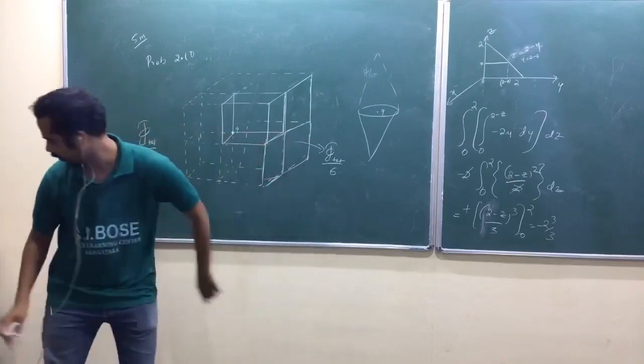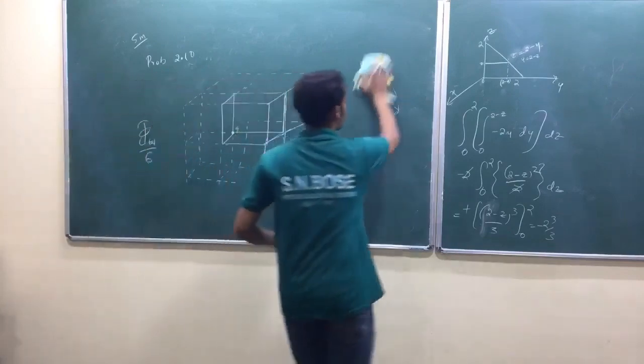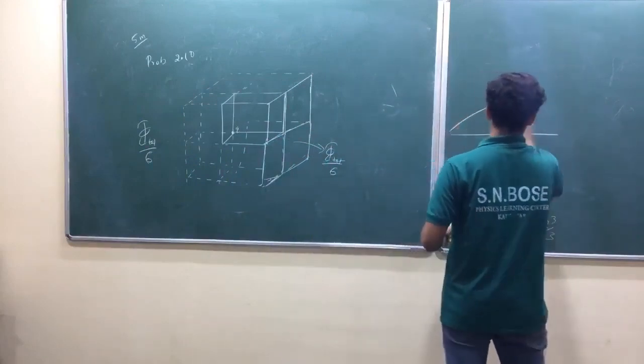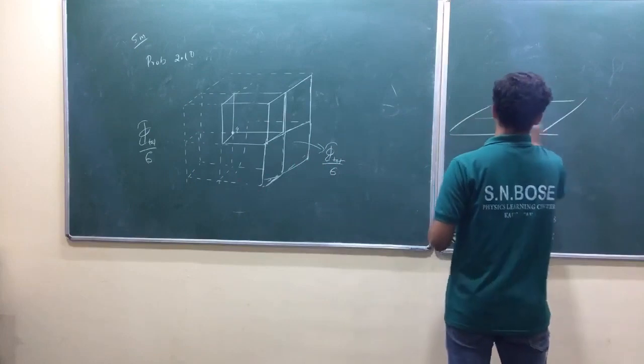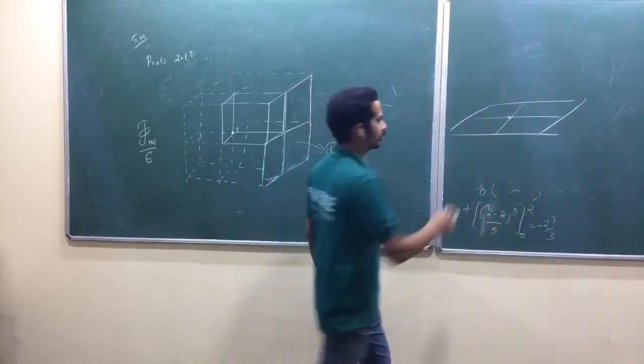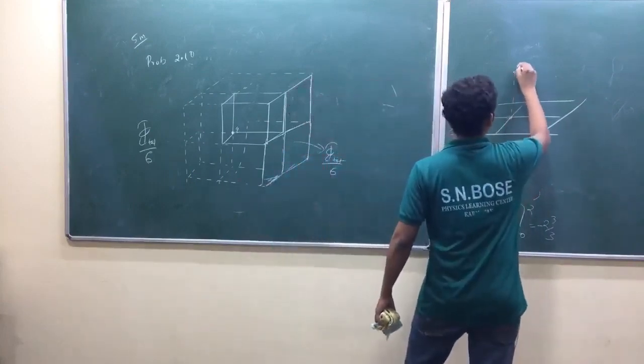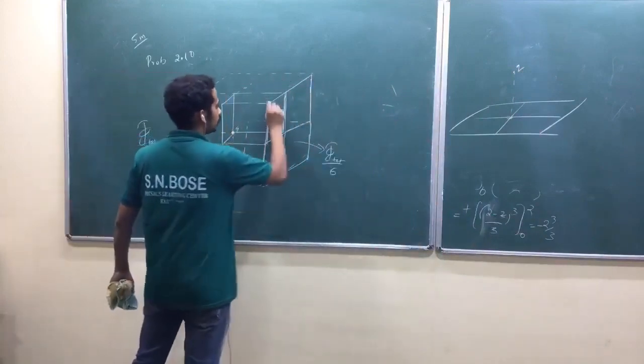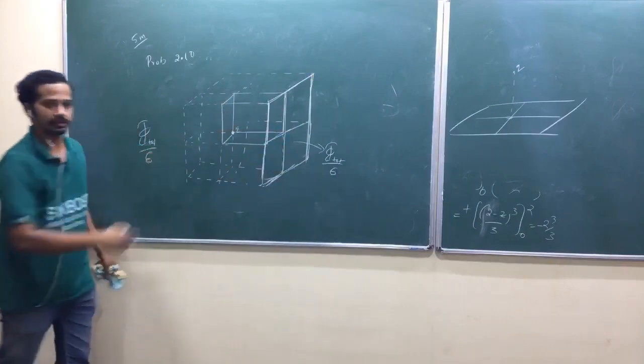If I draw that again, it will be like this. Is that okay? This is the center and Q is situated somewhere here. I have just drawn this Q and this surface over there.